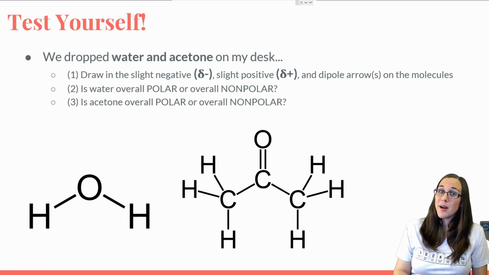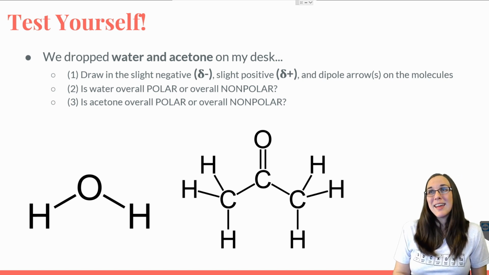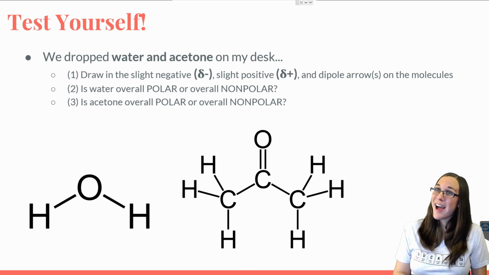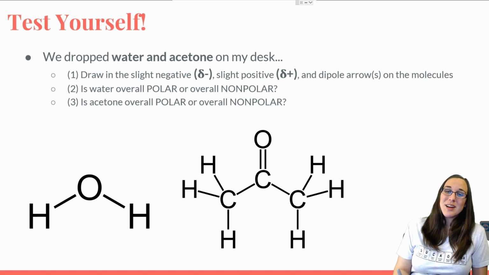Draw in your dipole arrows. Check to see if the molecule overall is polar or nonpolar, and maybe that can help you explain why one chemical was gone in a matter of minutes while the other one was still on the plate. The answer is to follow. Please click on the answer in the description below if you are interested in knowing if you did this correctly.